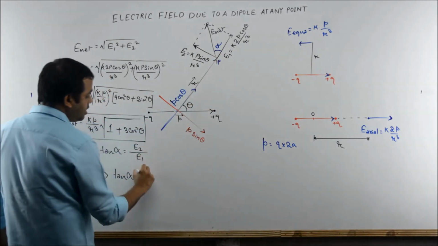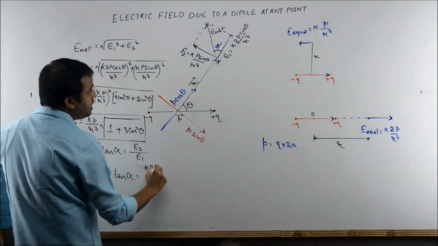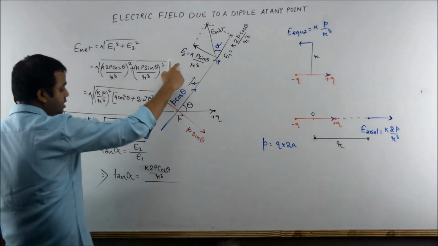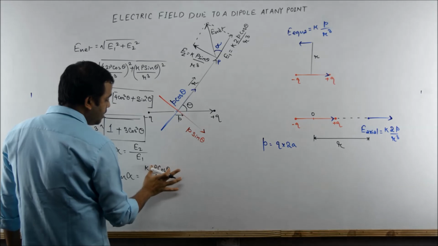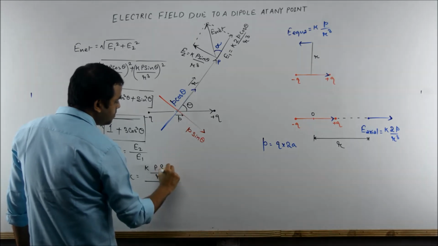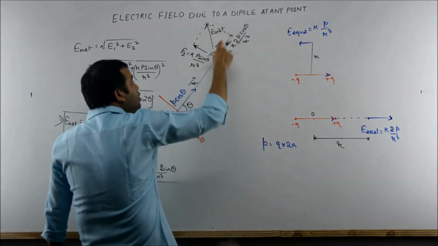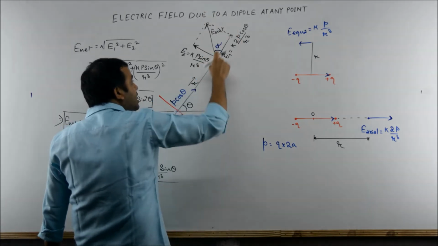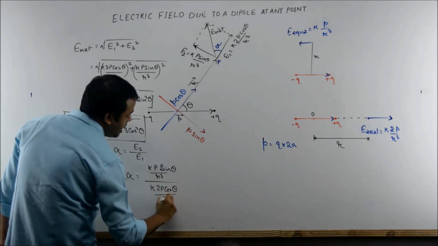What is E2? Sorry, it's E2 by E1. So it's K P sin theta by R cube divided by K twice P cos theta by R cube.